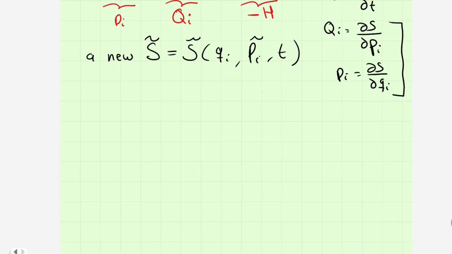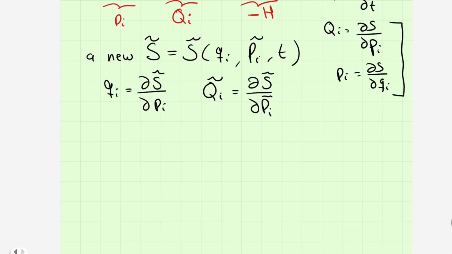So that means that the corresponding equations for this function S are going to be that pi is equal to the partial of S tilde with respect to qi, and upper Qi tilde is going to be equal to the partial of S tilde with respect to Pi tilde.